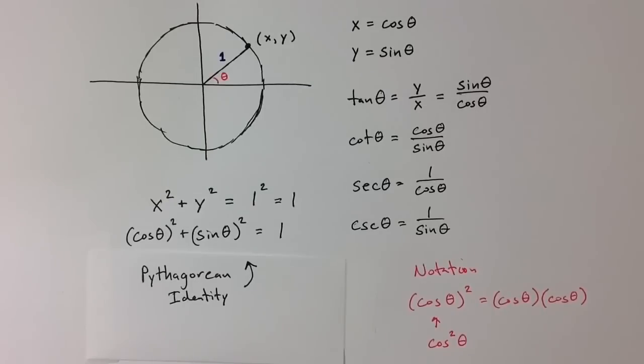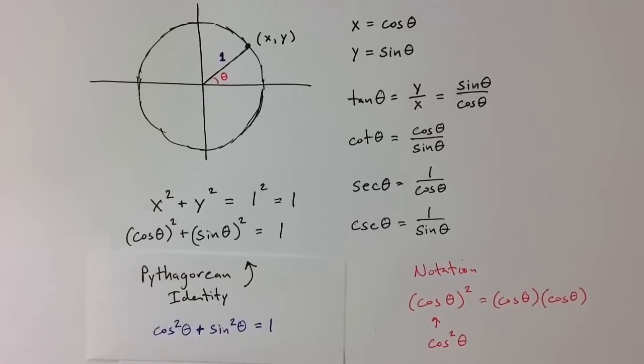And so the Pythagorean identity could be written in that notation in the following way: cosine squared of theta plus sine squared of theta equals 1. So this is the more standard notation for squaring a trigonometric function.